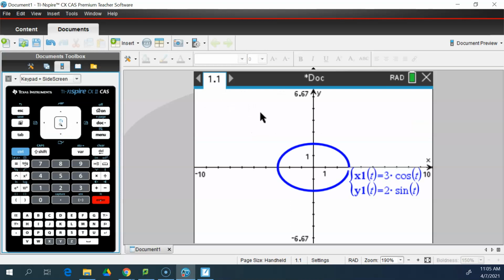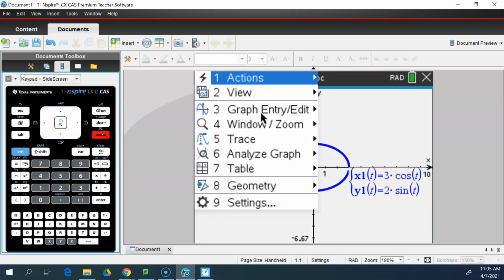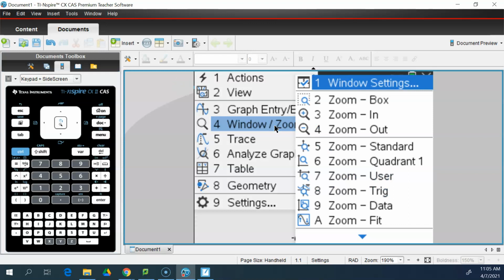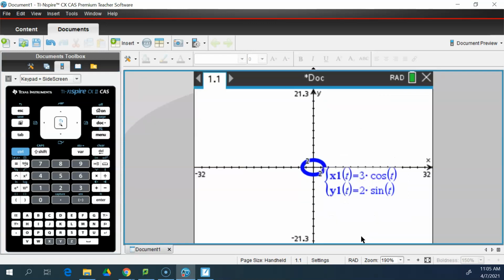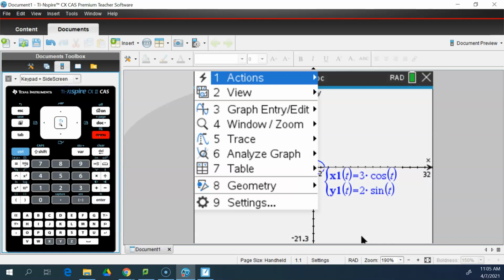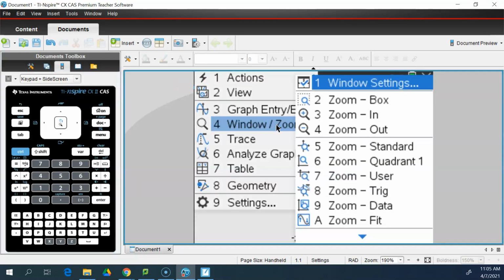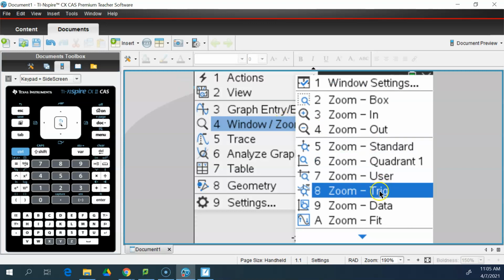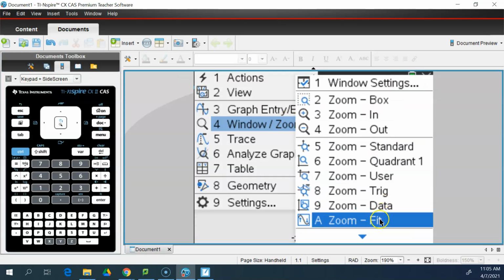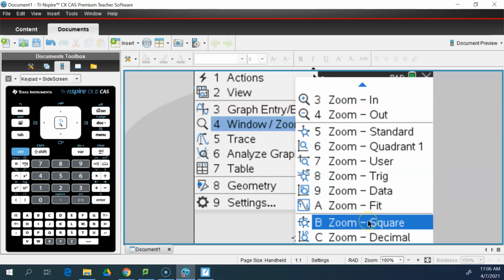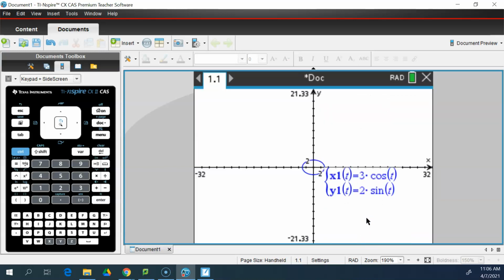Now you might have to remember to square up your picture. On Desmos, that's in the little wrench up on the right-hand side. There should be a spot then to zoom square. On the graphing calculators, it's way down here. It's letter B, zoom square.